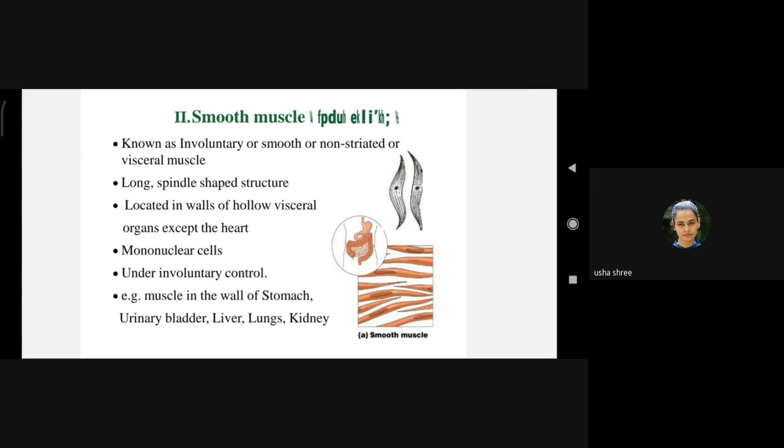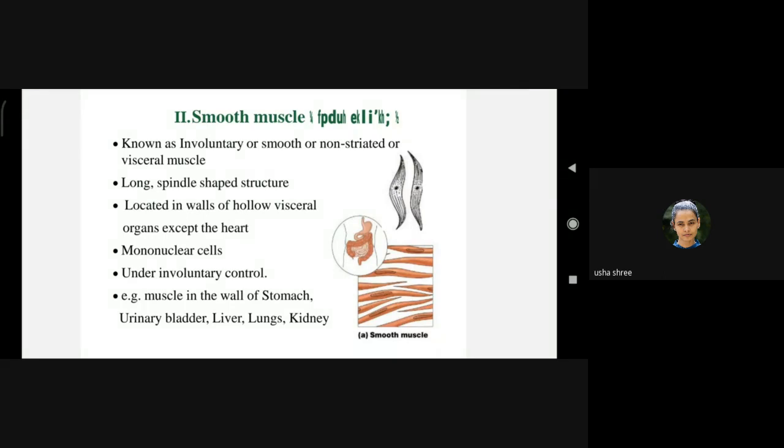Not names, these are qualities of smooth muscle. So smooth muscles are involuntary. They are non-striated and they are found in the visceral area. That is why it is known as visceral muscles. Okay, they are involuntary in nature. We can't move our visceral muscles as per our wish.